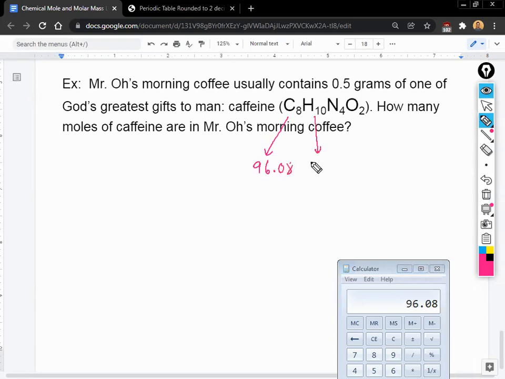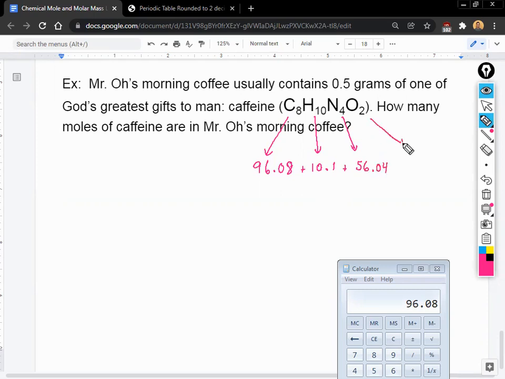Okay. There's 10 hydrogens. And so hydrogen is 1.01. So it's going to be 10.1 for all the hydrogens. Okay. So far, so good? Okay, there's 4 nitrogens. Each nitrogen is about 14, and there's 4 of them, so that's going to give us a molar mass of 56.04.